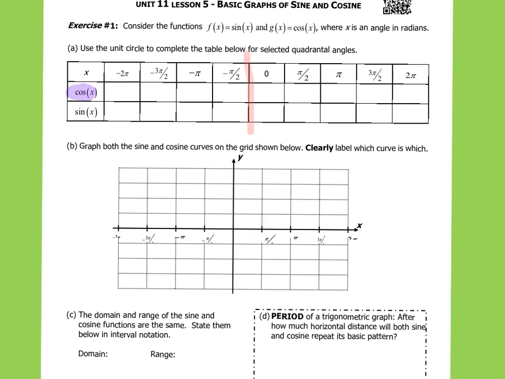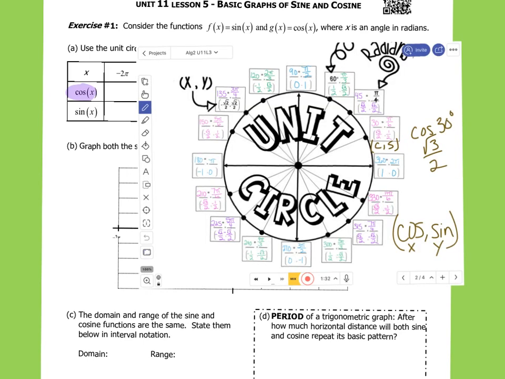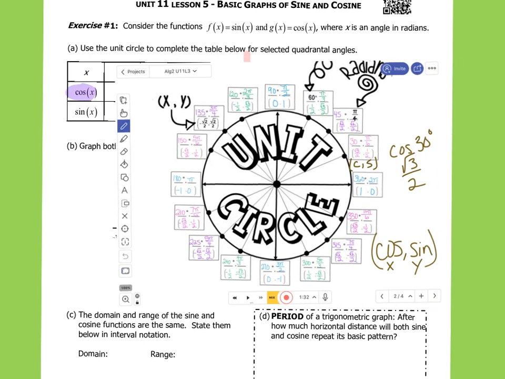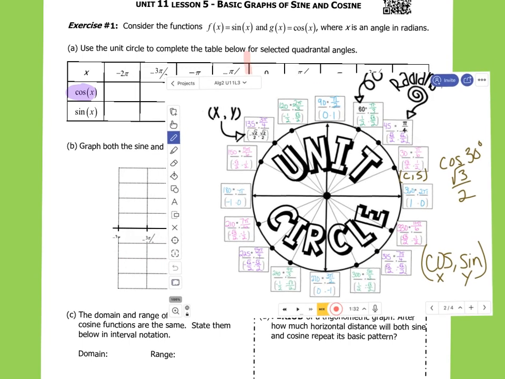So, what it wants me to do to fill in this chart is, at 0, what is my cosine of 0? The easiest thing to do is to refer to your unit circle. Remember this nice little thingy here? I'm going to refer to it, but I'm going to put it away because I want you to look at your own.